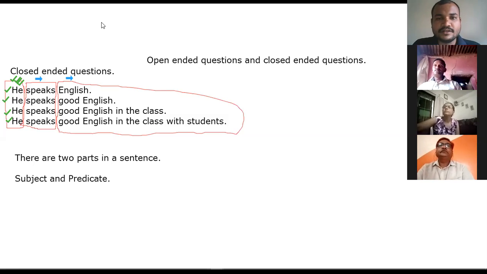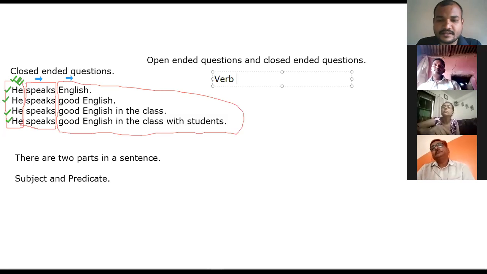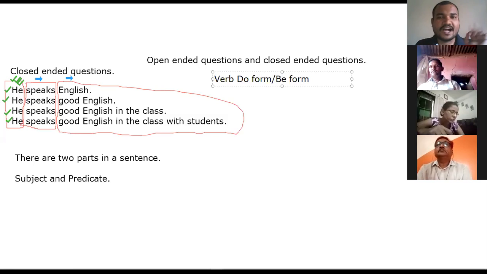Now, I said in our previous class, whenever we are talking about a verb, it is a bridge. Be forms are already included, or do forms, or have forms.